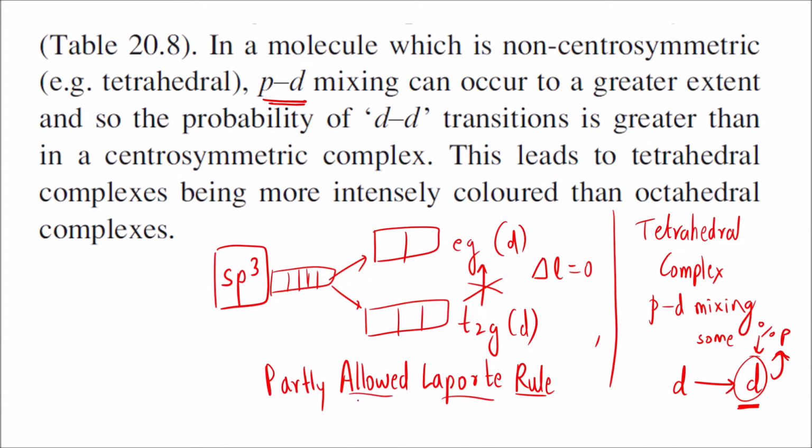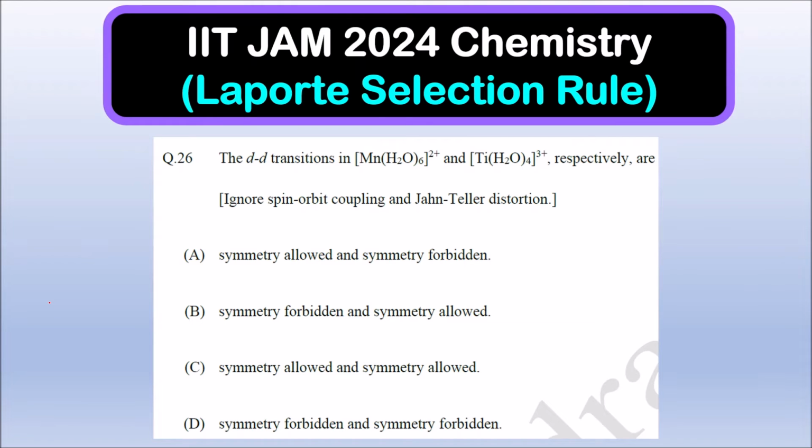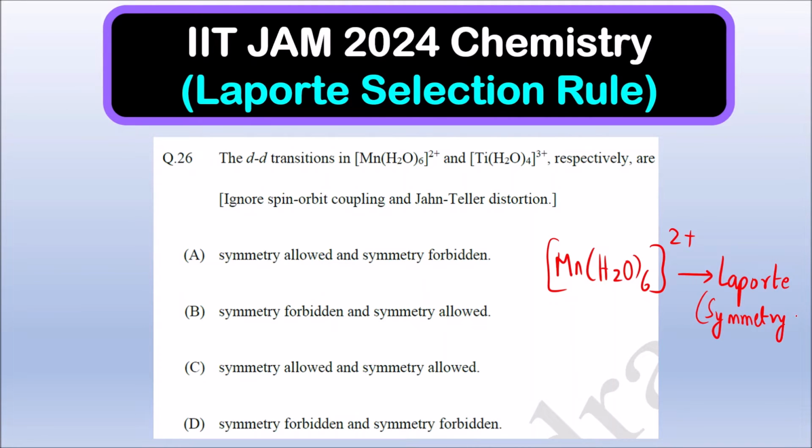In this question, two complexes are given to us. One is [Mn(H2O)6]2+. Here it will be Laporte forbidden, or we can say symmetry forbidden d-d transition.